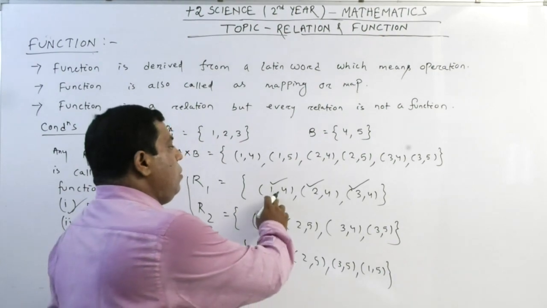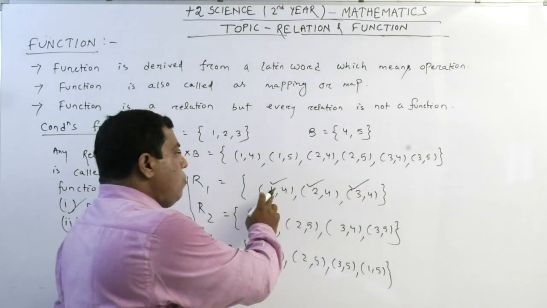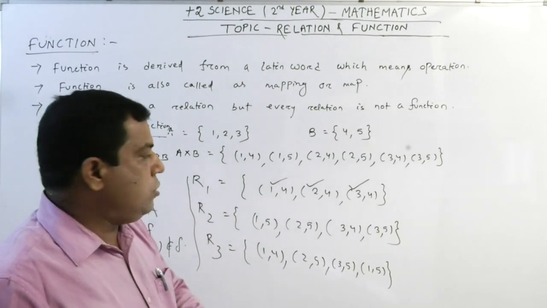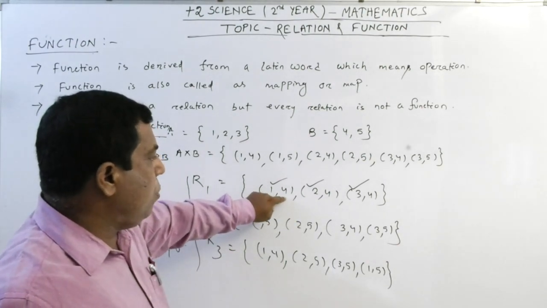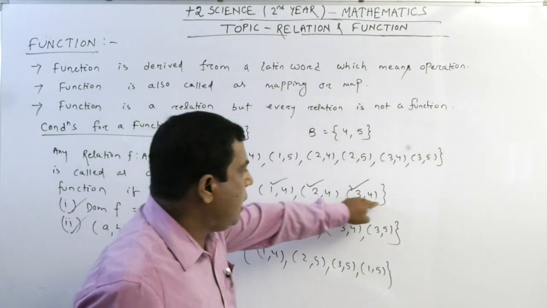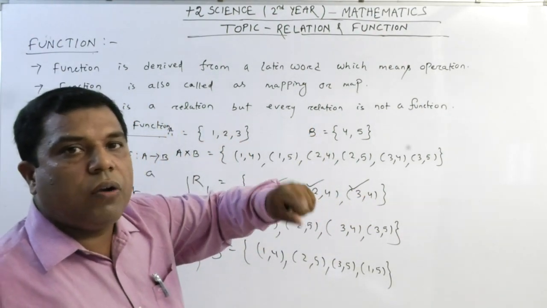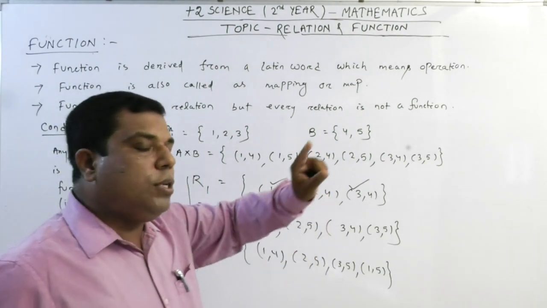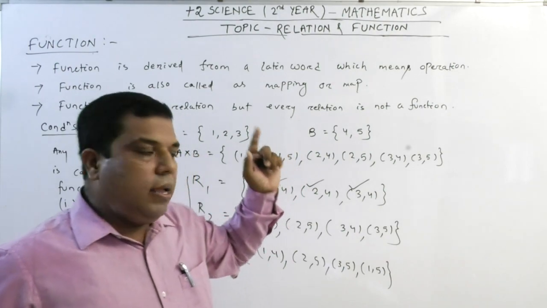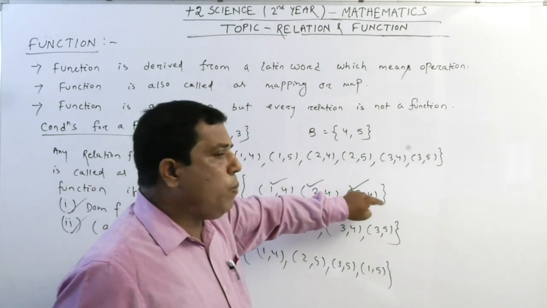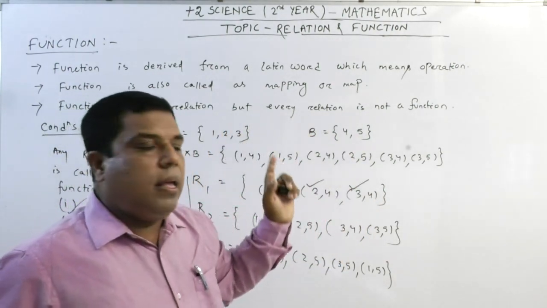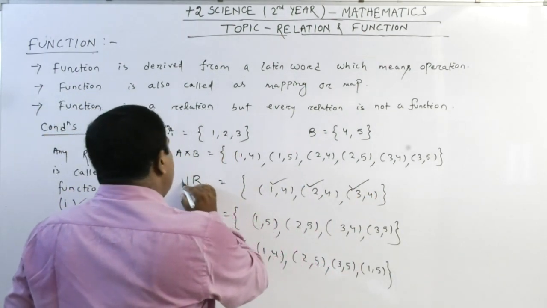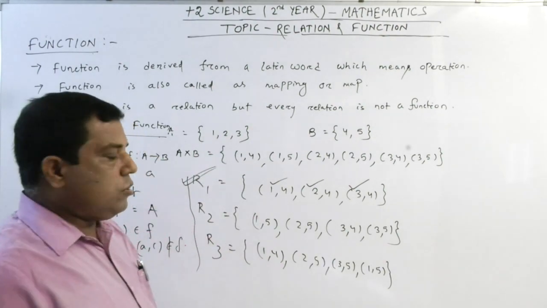Many other elements may be related, but one cannot have two images or two connections. 1 is related to 4 and not connected with any other element. 2 is connected to 4, and not with any other element. 3 is connected to 4, and not with any other element. So this relation is called a function.